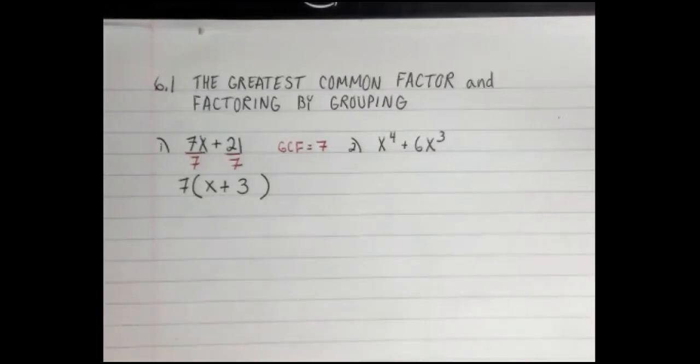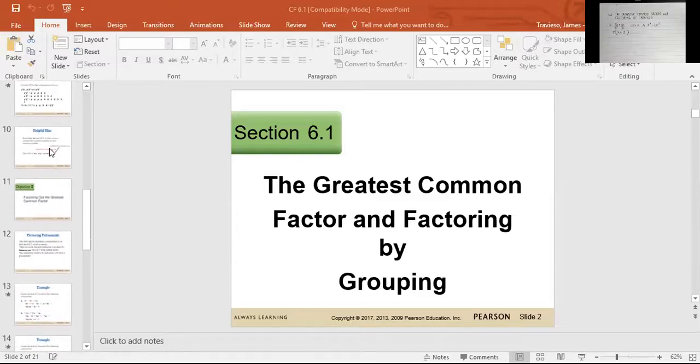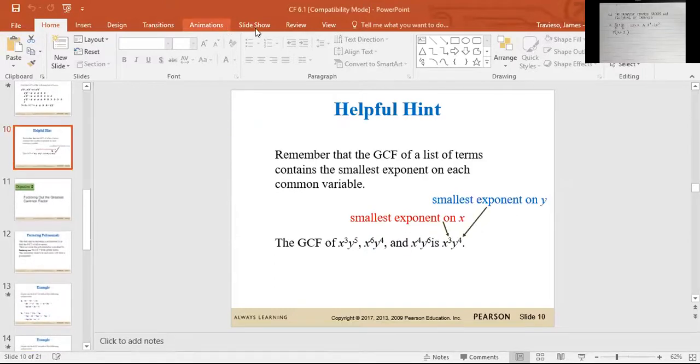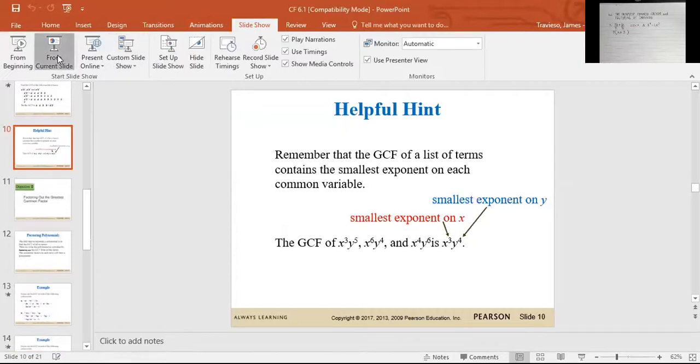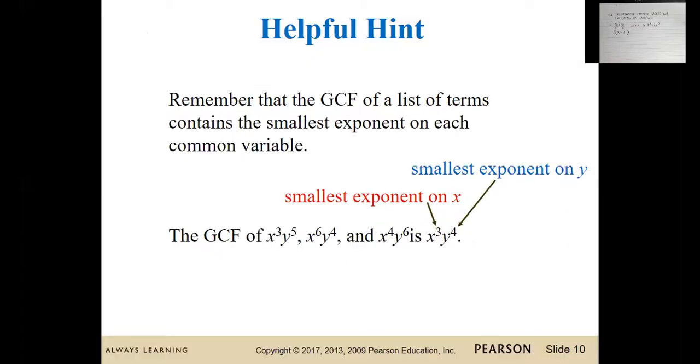Okay, and that's one of the slides of the PowerPoint that, looking over it, I thought was really important. It takes a little while to figure this out. Remember that the GCF of a list of terms contains the smallest exponent of each common variable.